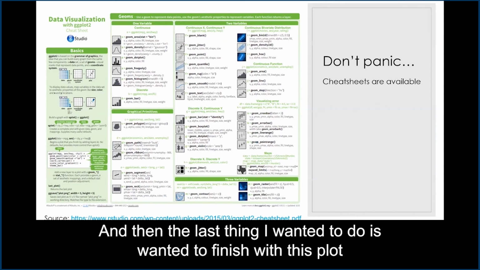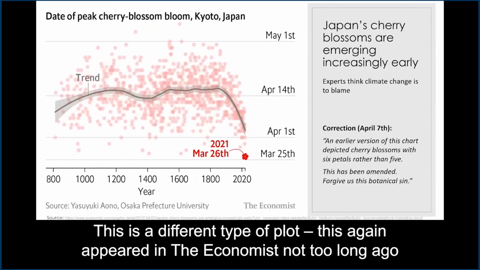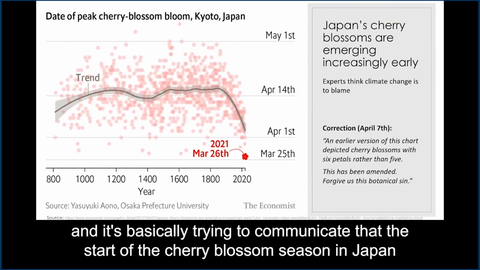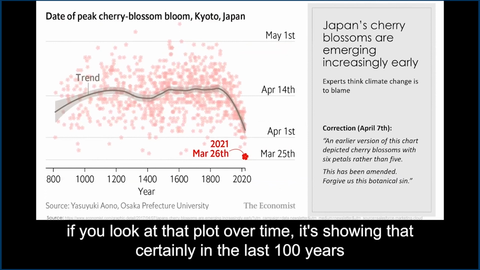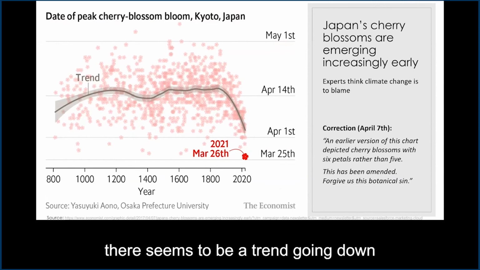And then the last thing I wanted to do is finish with another plot. This is a different type of plot. This again appeared in the Economist not too long ago. It's basically trying to communicate that the start of the cherry blossom season in Japan, if you look at that plot over time, certainly in the last 100 years or so, seems to have a trend going down.